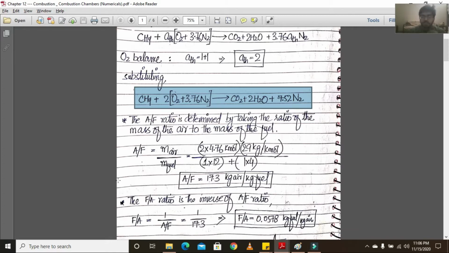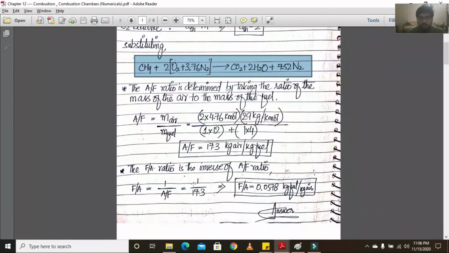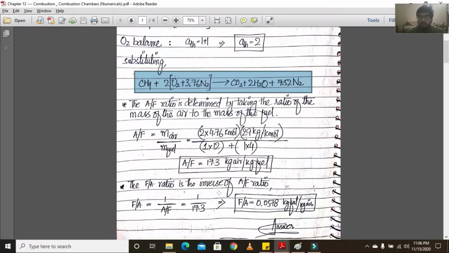So this is a very important step and needs to be understood very carefully here. Now here you can see that in order to determine the mass of the air, what I have done here is I have simply multiplied the number of moles of the air with the molecular mass of the air.